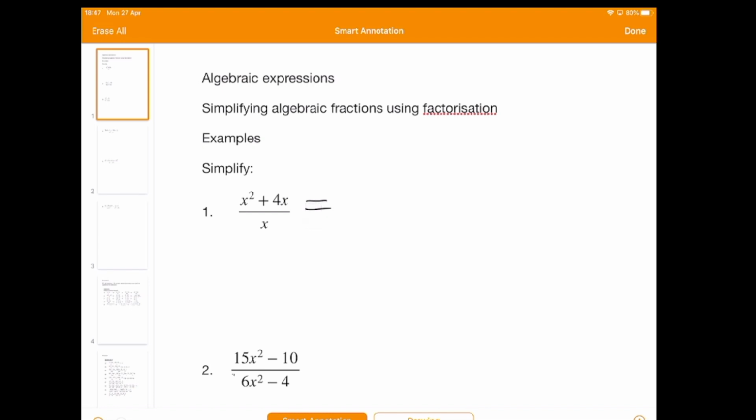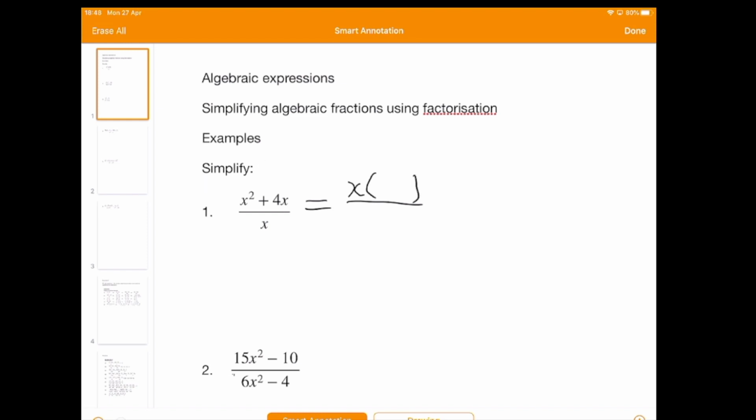So x squared plus 4x is divided by 4. We need to start by factorizing that numerator there. That is x squared plus 4x. And we use the same method to factorize. Take note, x is common in those two terms. So x goes outside the bracket.